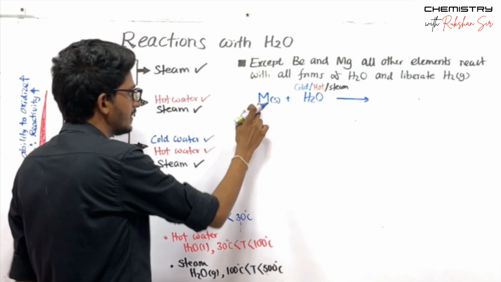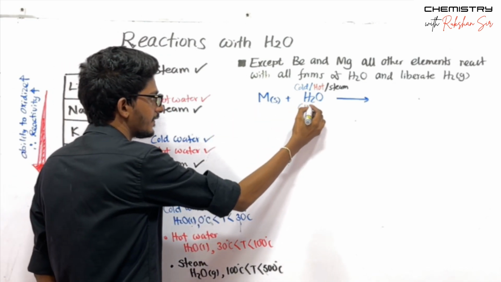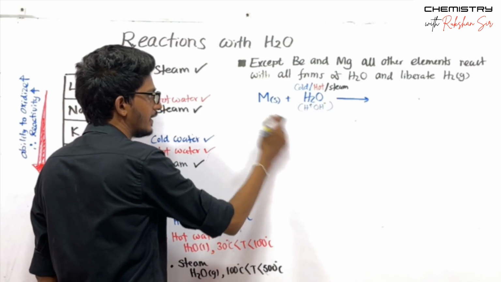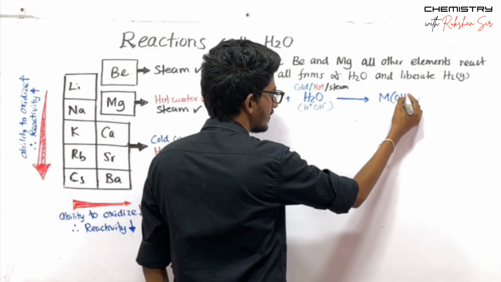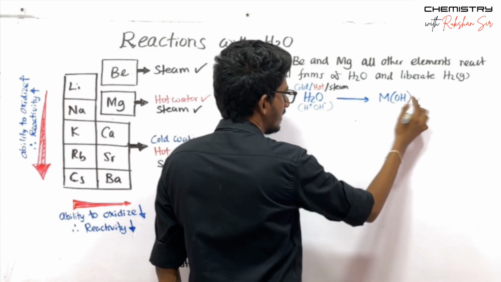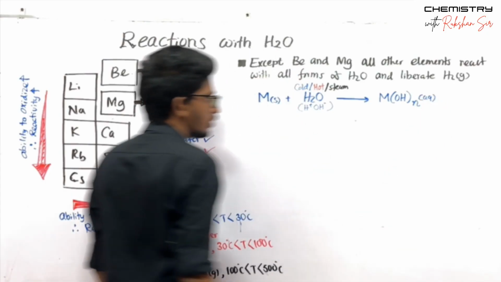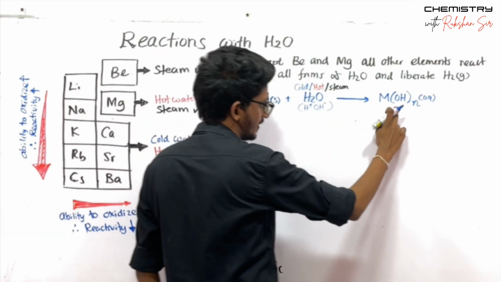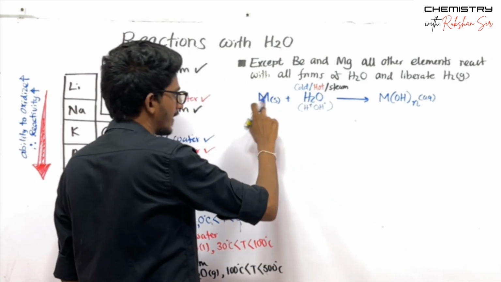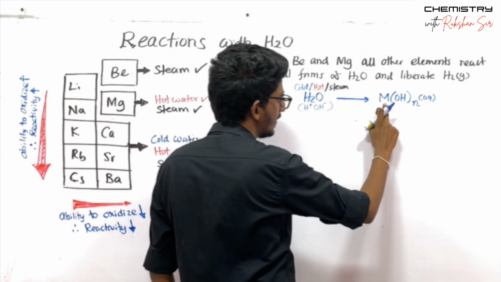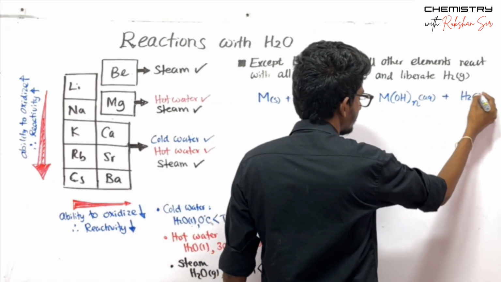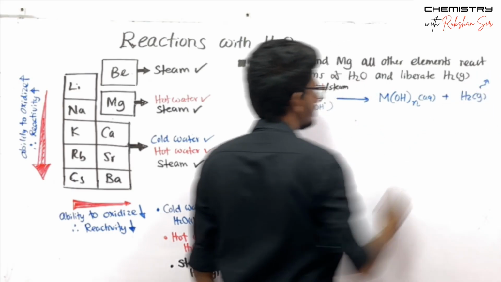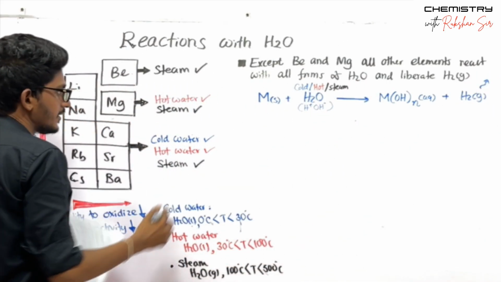This guy oxidizes and connects with the anion, forming MOH, hydroxide. If it is group 1, MOH only, but if it is group 2 like calcium, strontium, barium, it will be M(OH)2. And H2 will be produced.